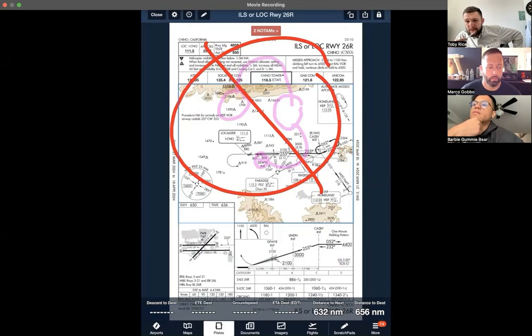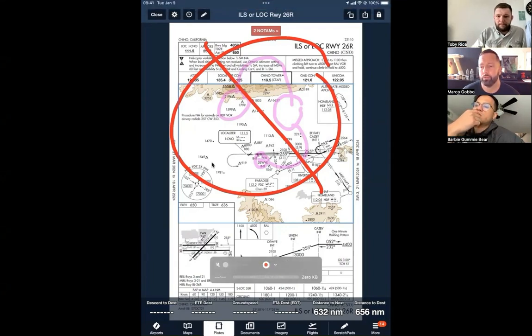Yes. I'd choose the one that takes me the closest to the ground. We fly the clearance limit, right? So basically, you can choose the RNAV and then you just go inbound, and that's it. Yeah, you can do whatever you want. Preference, I guess.